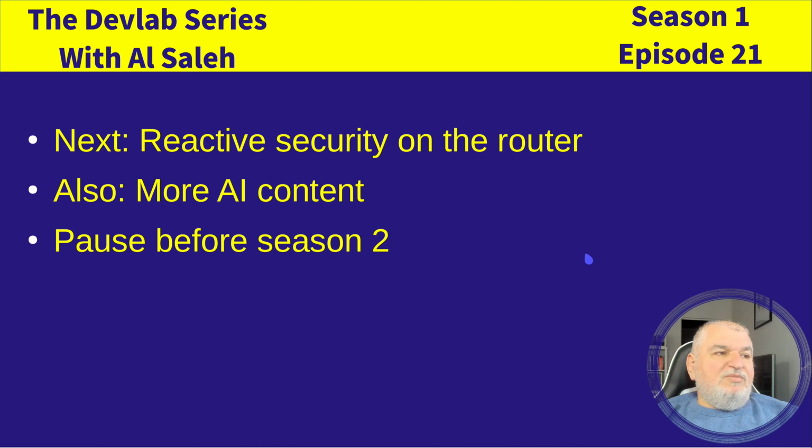I will make a pause before launching season 2 because I'm still not decided on what the platform is. As I said before, my intention is to run it on OKD, which is the open source distribution of Kubernetes. It's basically open source OpenShift, the Red Hat OpenShift cloud, but in open source.